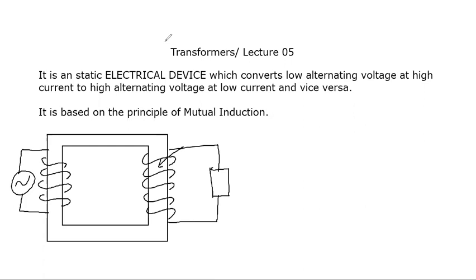They're wound separately on a laminated soft iron. So this is the laminated soft iron. Now this is your AC voltage, which I'm going to call V1. The AC voltage is applied to the primary coil, and the load, which we can call RL, is kept on the secondary coil.